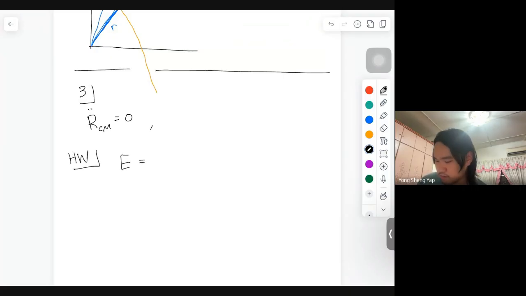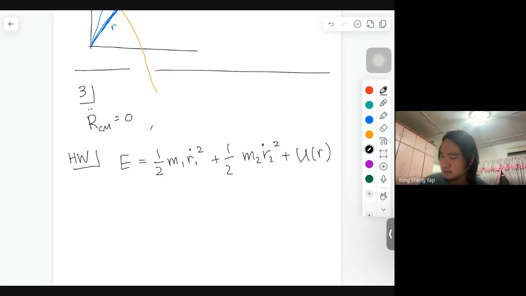So what you should do is to see that half M1 R1 dot squared plus half M2 R2 dot squared plus the potential energy, where the potential energy is defined as such.